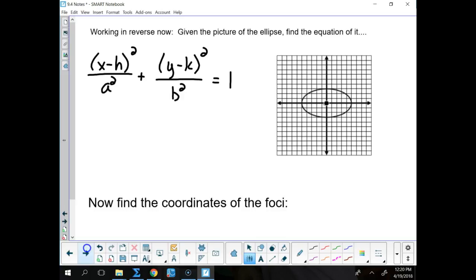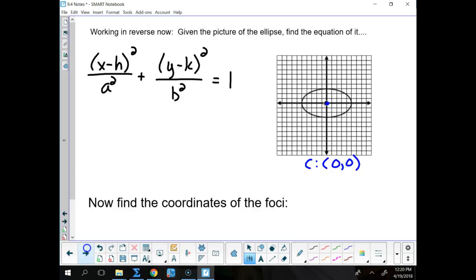So, what do you need to find? You definitely need to find the center. Okay? So, that's our center. So, somewhere by the graph, I would put the center, whatever that center is. Right? So, in this particular case, the center is at the origin.